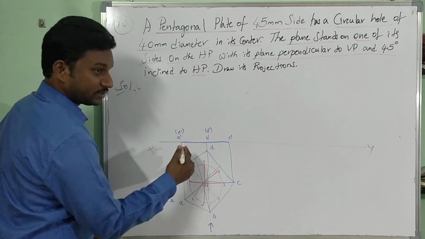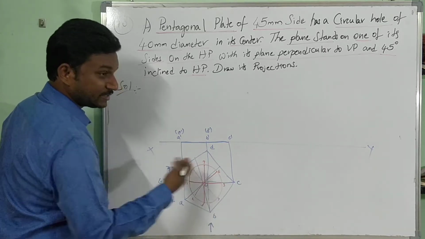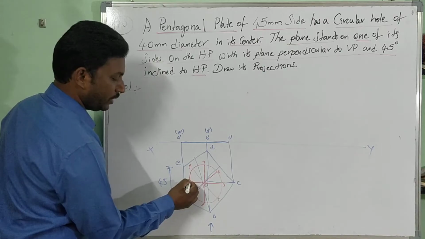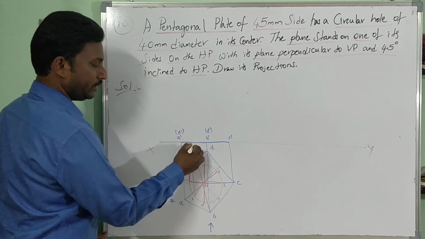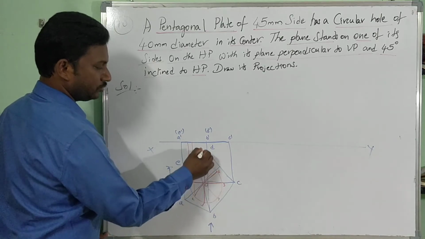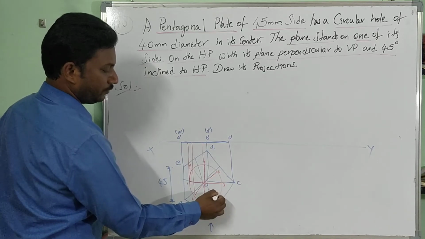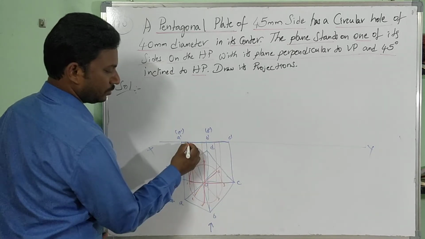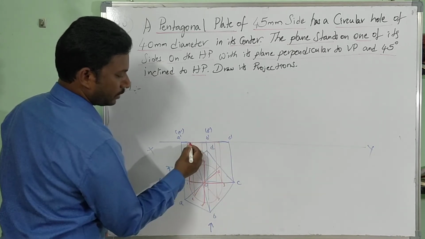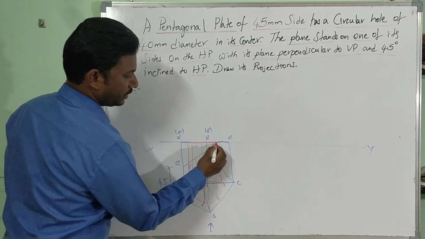Project the front view of this. When you look from here, the circle inside will look like a line. So from 1, a small line, 2 through 8, 3 through 7, 4 through 6, 5. One line here; you can observe I have differentiated it with the help of red color.